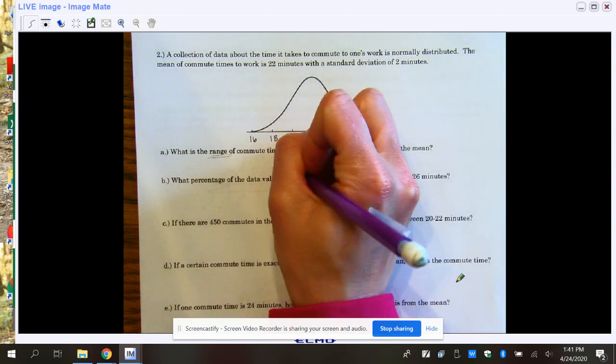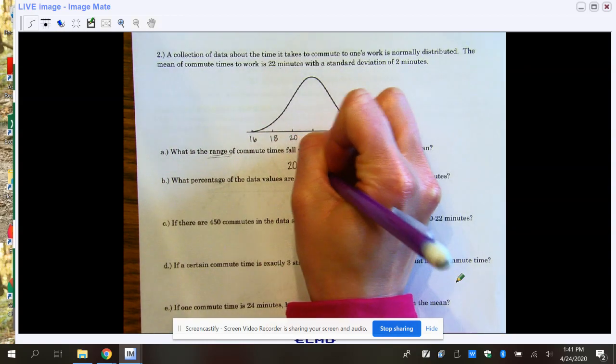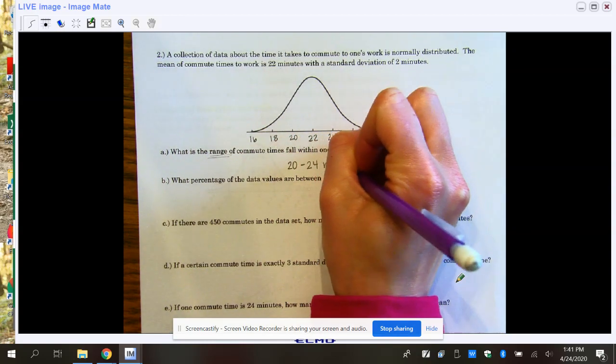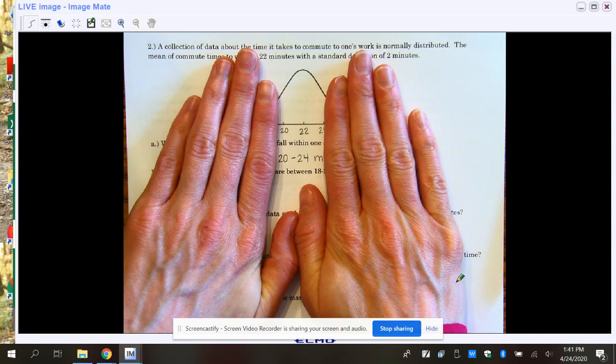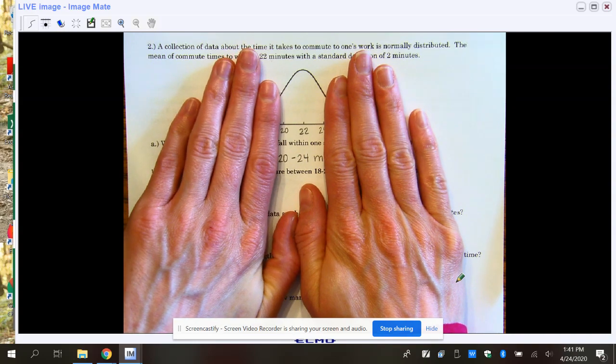So that range would be 20 to 24 minutes. Okay, so if I asked you that about the percent, we would be able to say that 68% of people take between 20 and 24 minutes to commute to their work. So you have to make sure you know whether you're answering a numerical answer, a percentage, things like that.